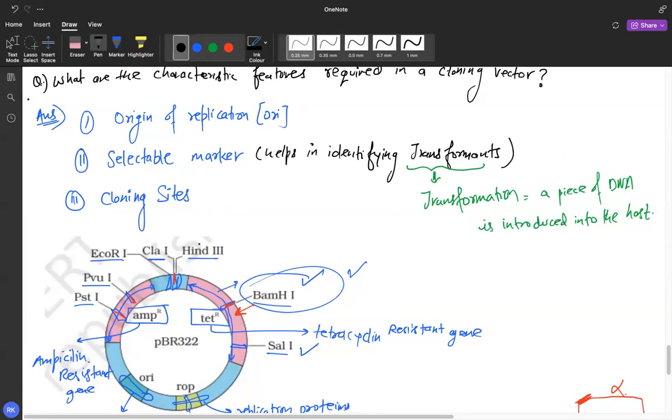But what if I use an alternative selectable marker to differentiate between recombinants and non-recombinants, not on the basis of their ability to survive in an antibiotic condition, but let's say we insert something that gives them the ability to produce colored chemicals in the presence of a substrate.